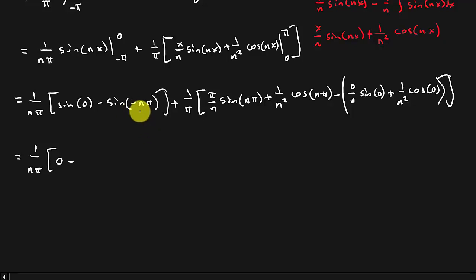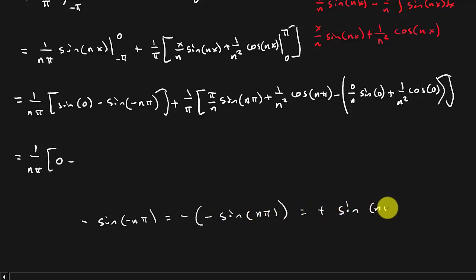What happens if I take the sine of 1 pi? What do I get as an answer? I get 0. I know it's a negative in front, but it doesn't matter. Okay? We've got minus sine of negative n pi, which, remember, this is the same thing as, if we bring in the negative angle identity, negative sine n pi, which is equal to plus sine n pi.